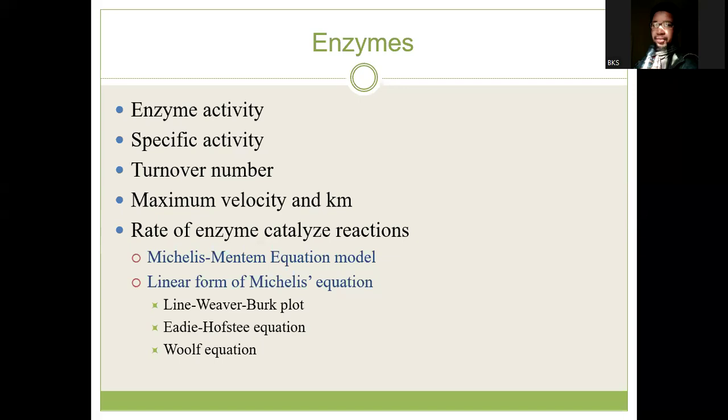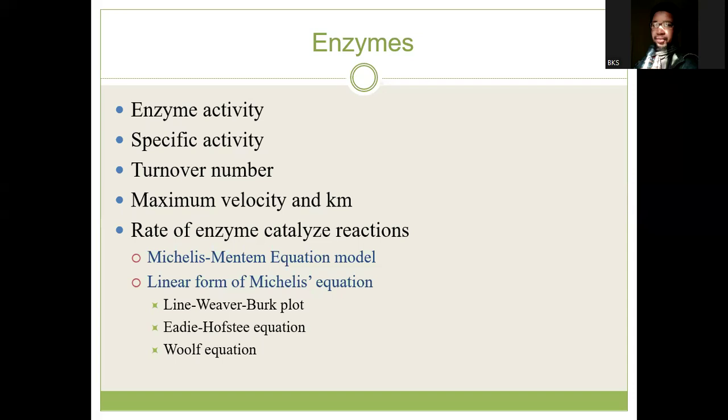That also signifies specific activity. So with specific activity, like we said, we are talking about the purity of the enzyme, and it's all about the concentration or the activity of an enzyme per milligram of protein. If you have 1 milligram of your total protein, what is the activity of the enzyme in that protein? And then we talk about turnover number.